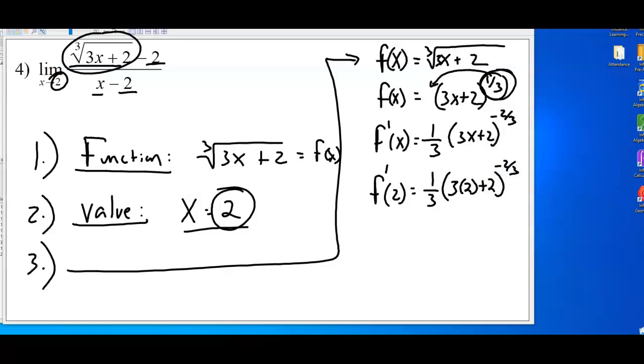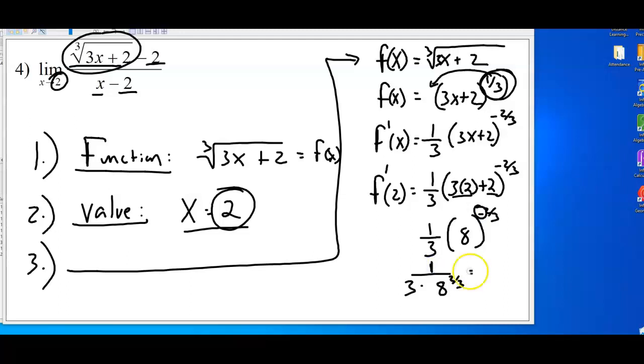And then we just go ahead and simplify it. So this is going to be 6 plus 2, which is 8. So I've got 8 to the negative 2/3 power. All right. So we need to know how to simplify that. First of all, we're going to put that 8 in the denominator as a positive power, because we remember from Unit 1, negative powers move your terms to the denominator.